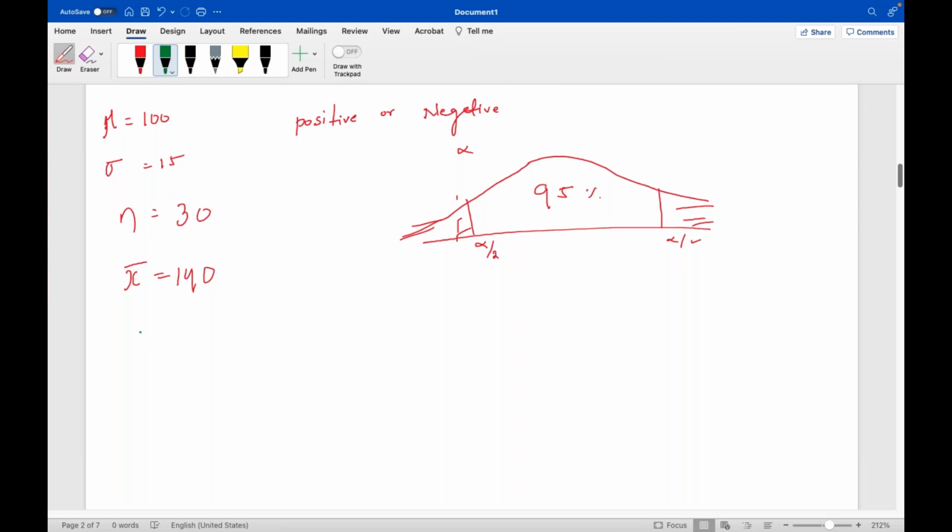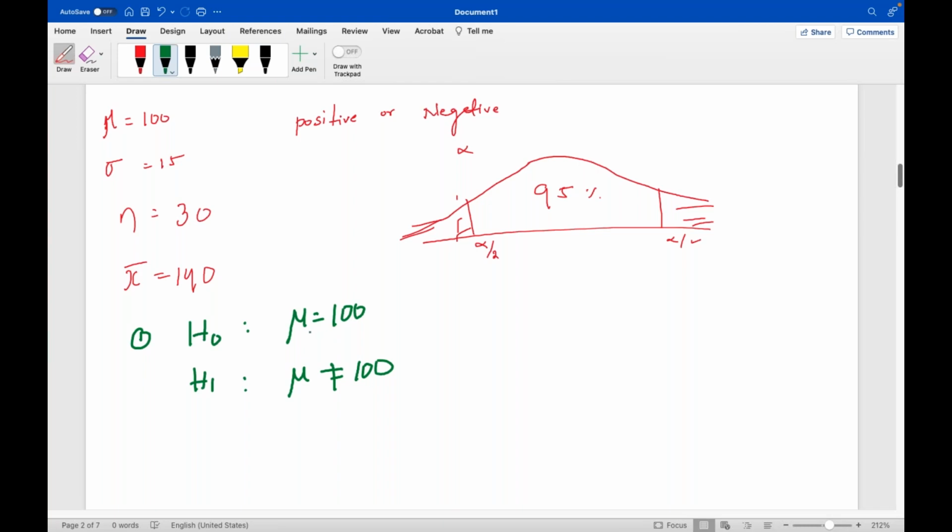So my first step is to fix the null hypothesis. My null hypothesis is that the population mean is 100. The alternative is positive or negative, that is, whether my glucose level is affected or not, meaning not equal to 100.